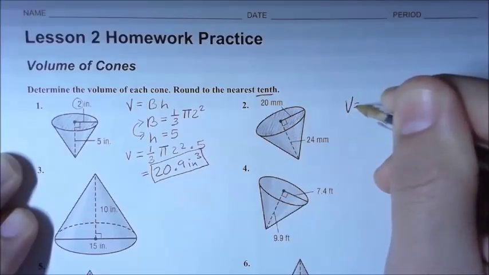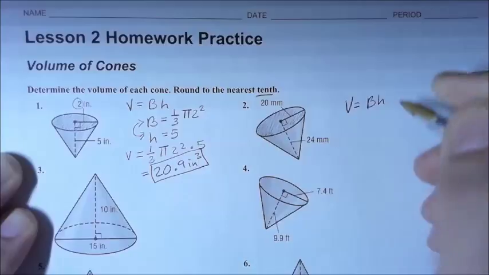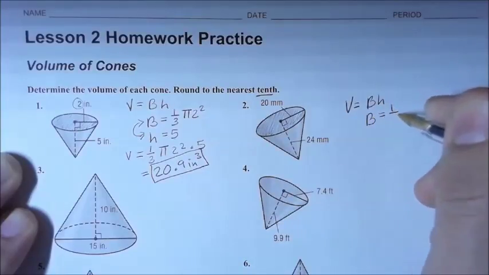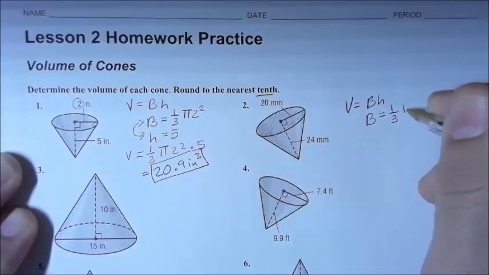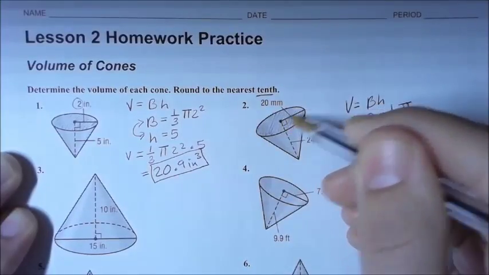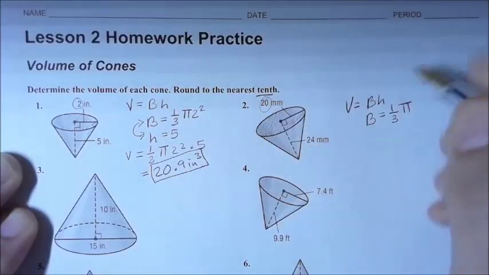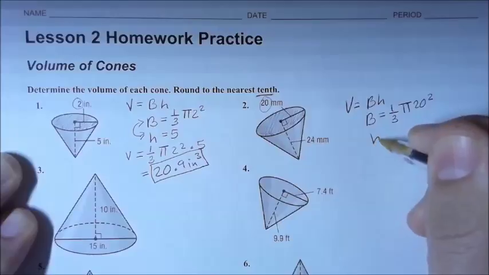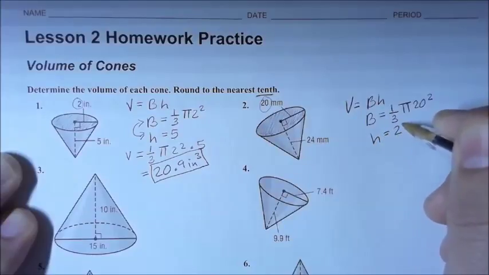And you have V is equal to big B times H, and your big B is going to be 1/3 times pi times the radius, which the radius right here is 20 millimeters squared, and then your height is going to be 24 millimeters.